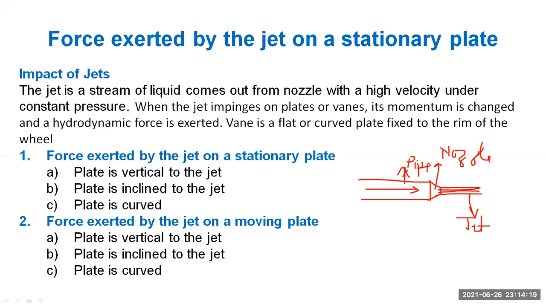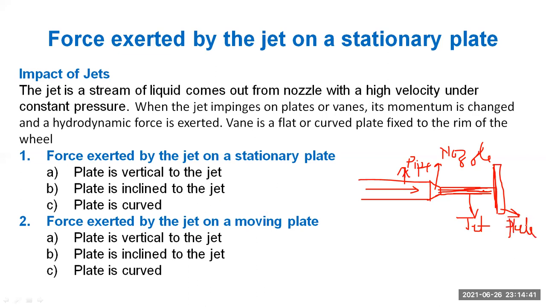When this jet of water comes out through the nozzle, if you place any obstruction, like here we are discussing a jet on a plate, if you place a plate or a vane, we are going to call this a plate or a vane.